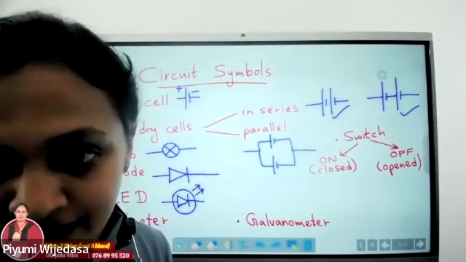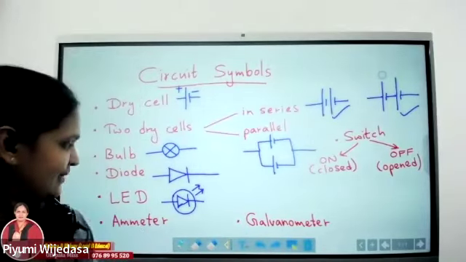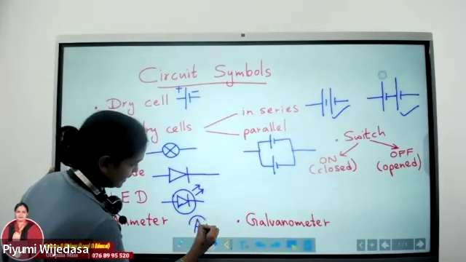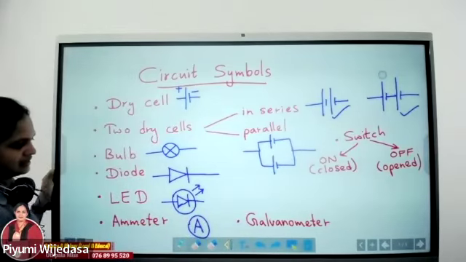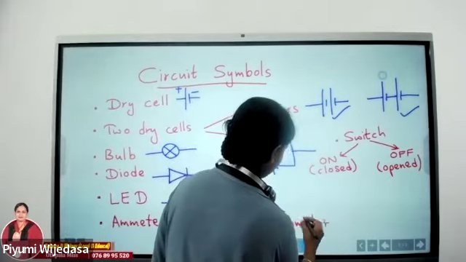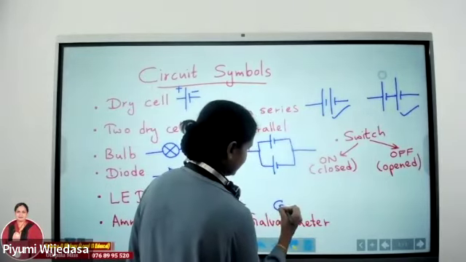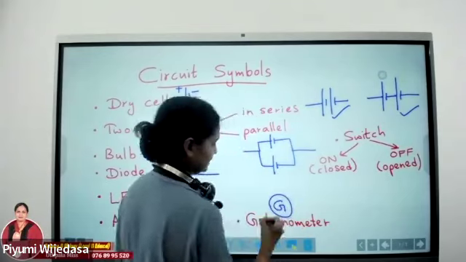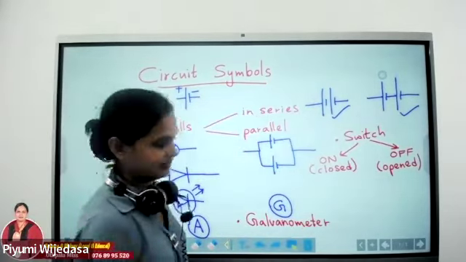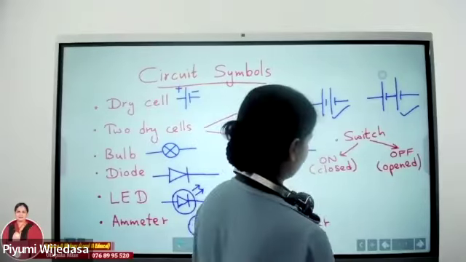Then the ammeter: you put capital A inside a circle. Then a galvanometer: capital G inside a circle. Then finally the switch.